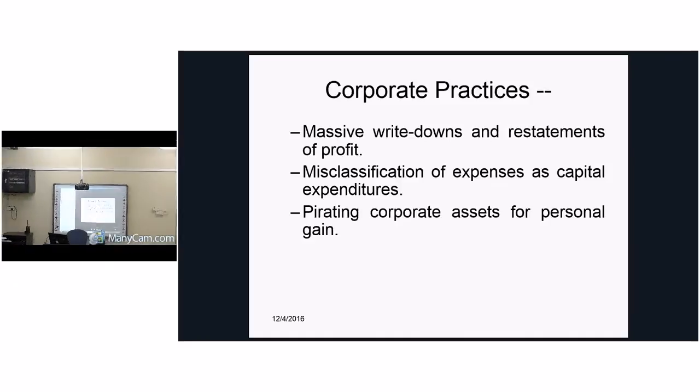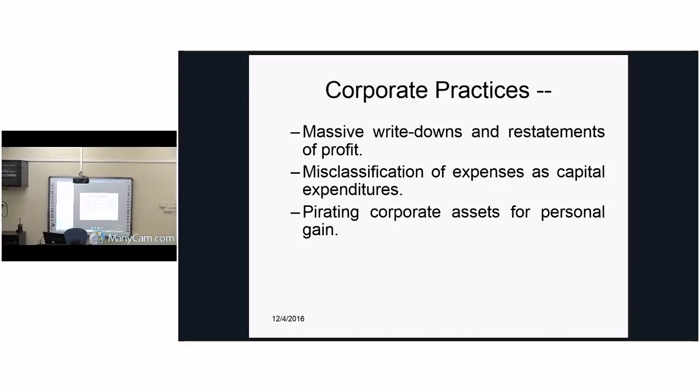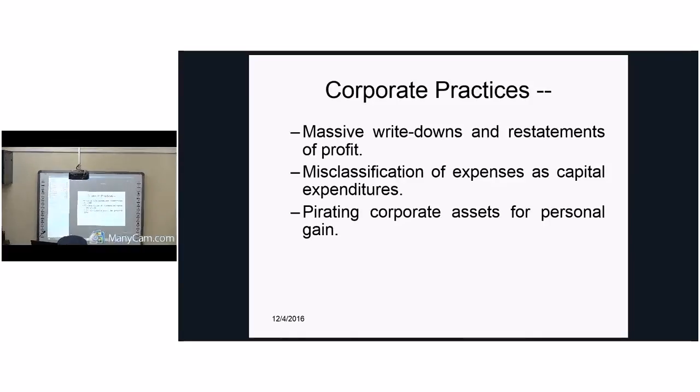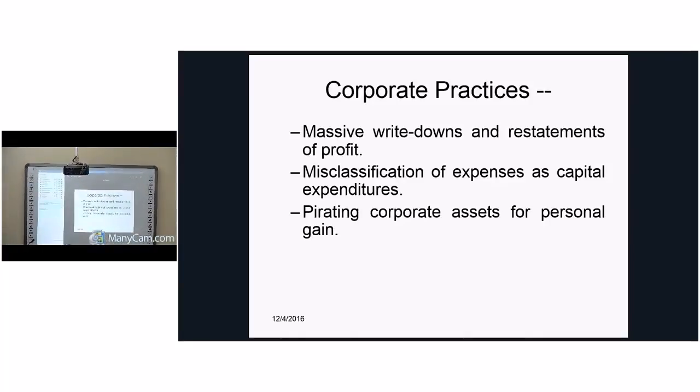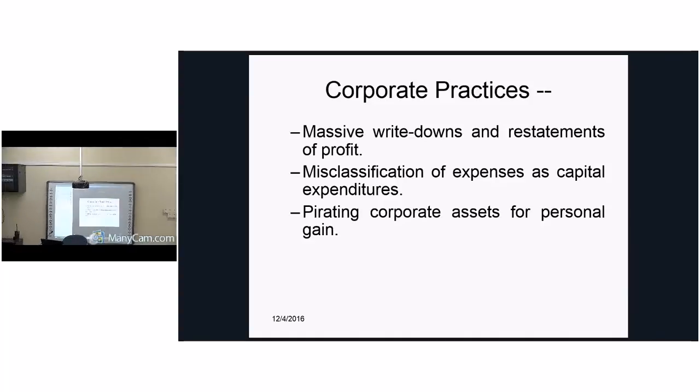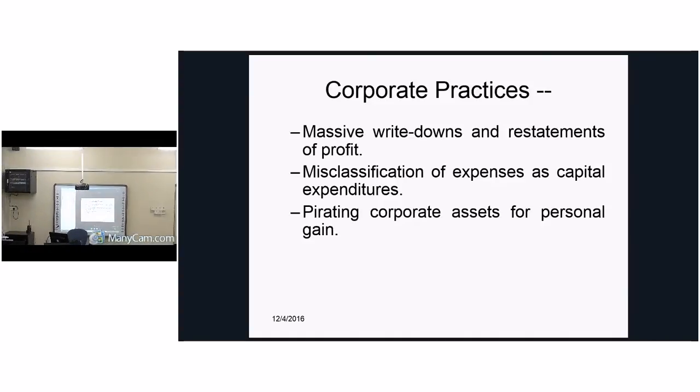Misclassification of expenses as capital expenditure: some expenditure is categorized as capital expenditure. Pirating corporate assets for personal gain, again malpractice.